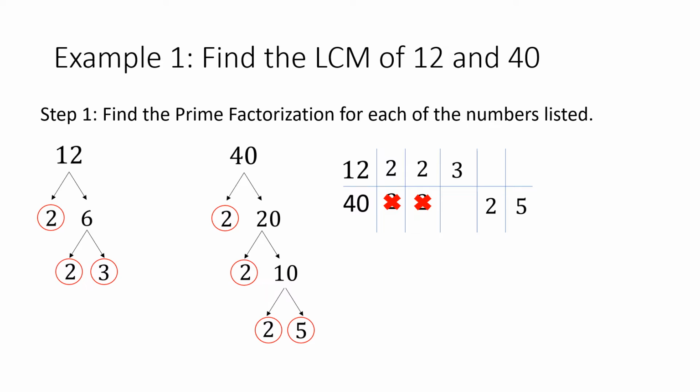And then now all that I have left, there's no other prime numbers with anything below them. And so the numbers remaining are going to be giving us the LCM. I've highlighted them in yellow. And so to find the least common multiple, or the LCM, you will be multiplying the remaining prime numbers together. So the LCM for 12 and 40 would be 120.